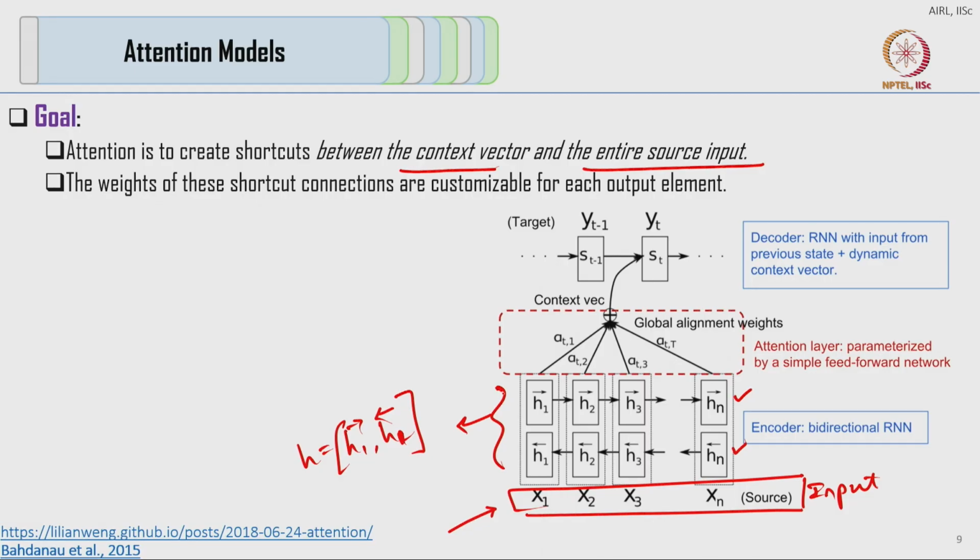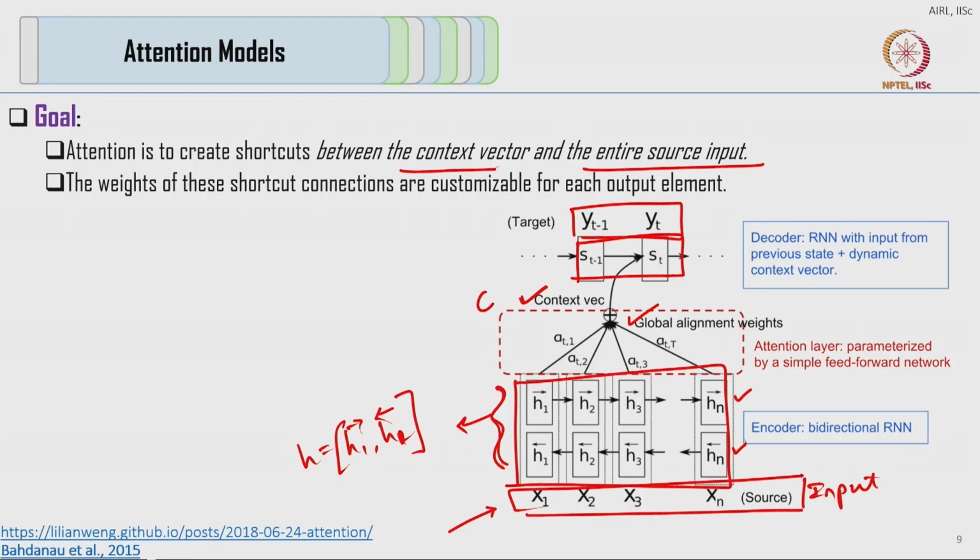Once we have the hidden states, we have a zone where we have defined the context vector. Context vector C depends upon these alignment weights. The job of alignment weights is to align the input and the output. The way it aligns is by focusing on the hidden states of the input and output.